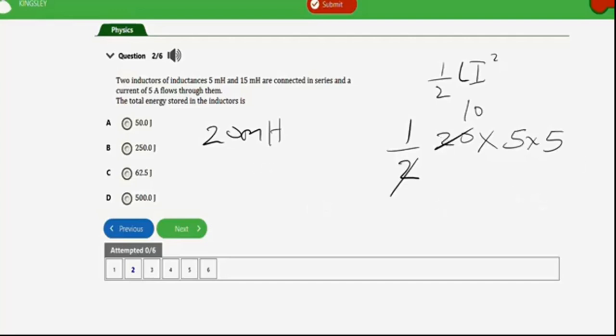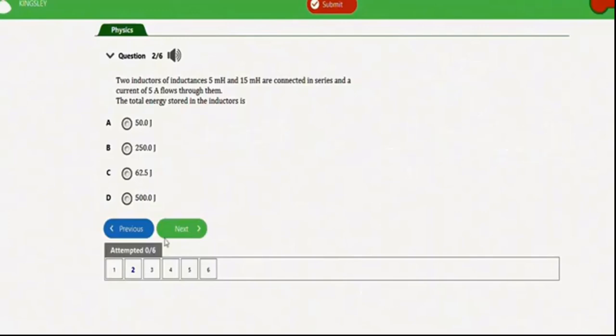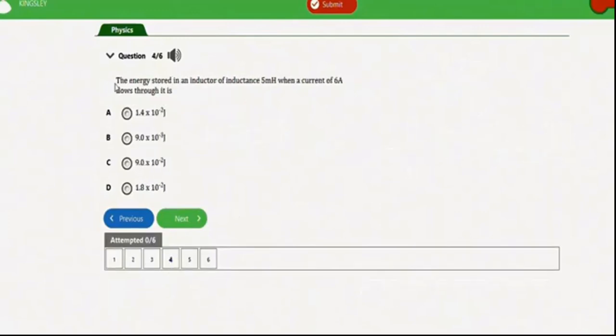So the next repeated question will be this one. It says the energy stored in an inductor of inductance 5 millihenry when a current of 6 ampere flows through it is what? From the basic formula, we have half L I squared, where L is the inductance. So let's input the values.